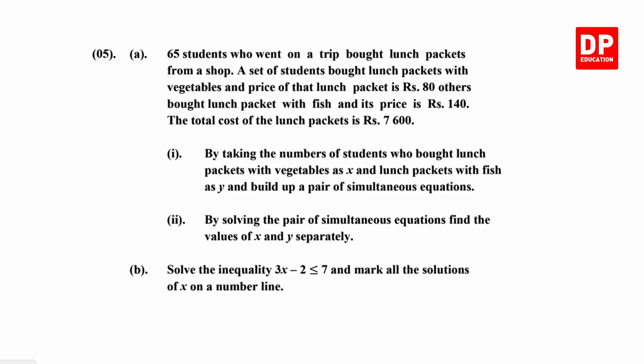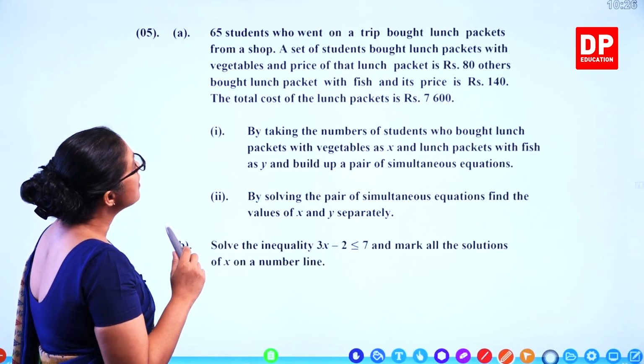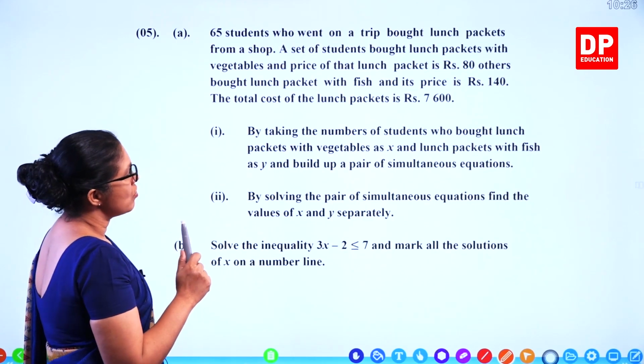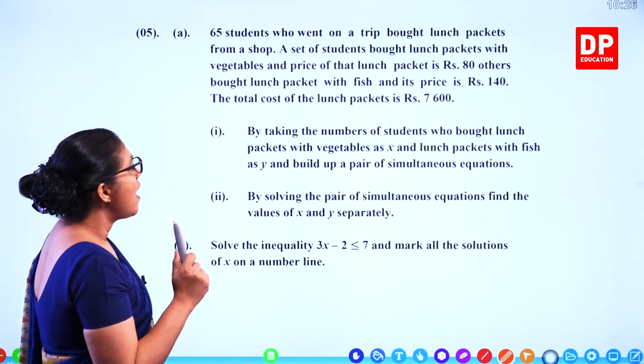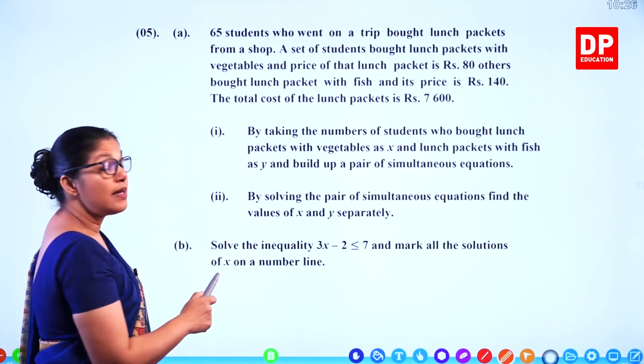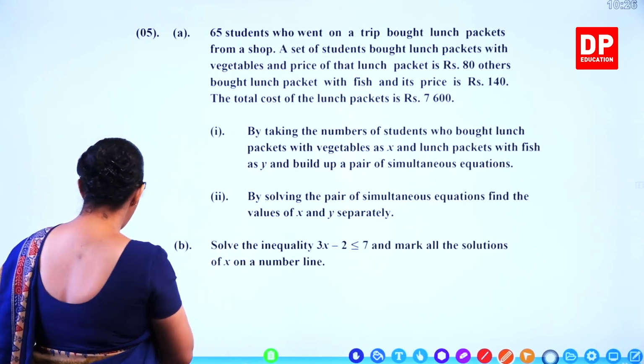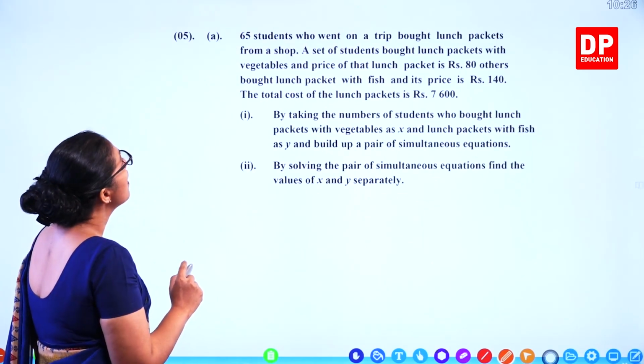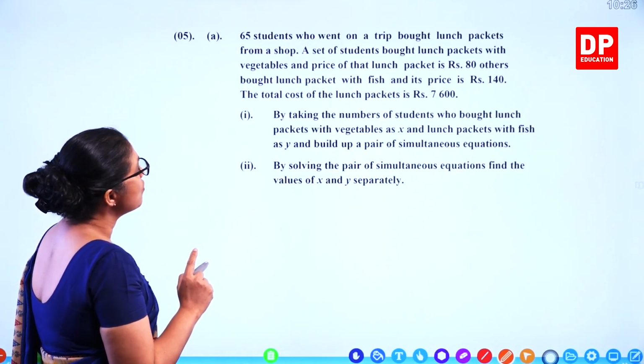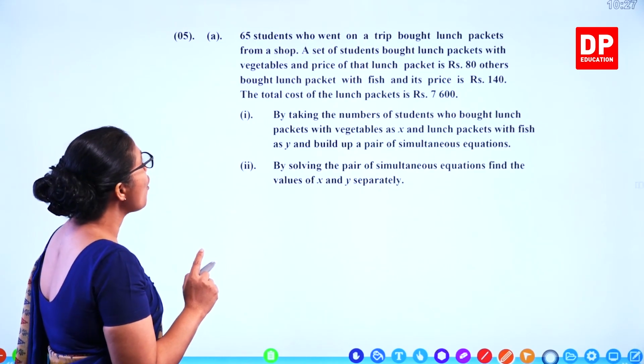Let's do question number 5. This is about constructing equations, simultaneous equations, and you have to solve them and then solve inequalities. So we'll do the first part. 65 students who went on a trip bought lunch packets from a shop.